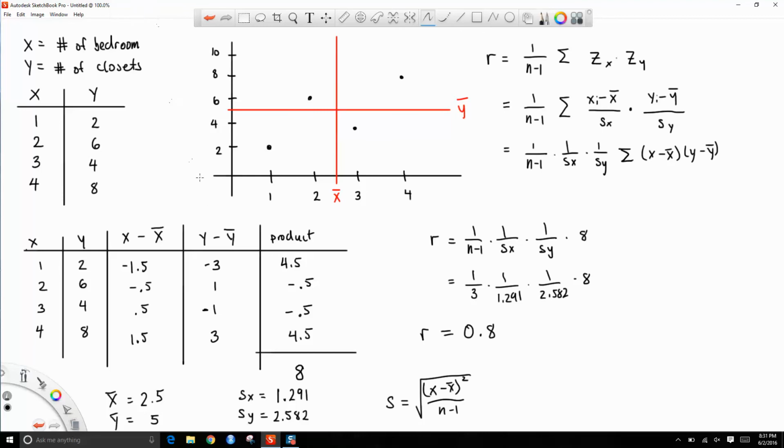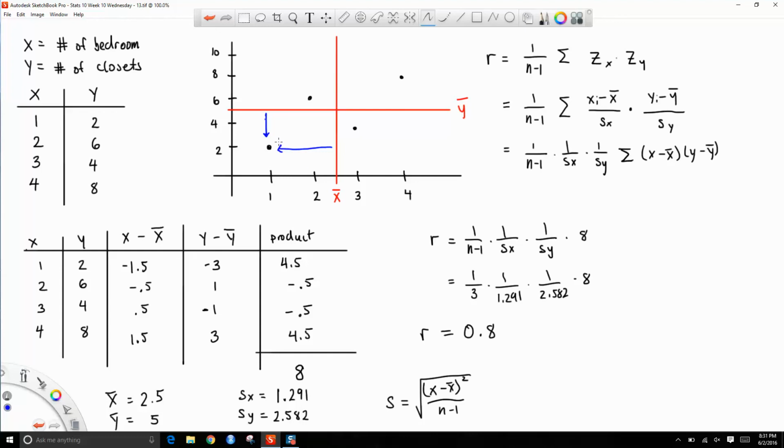I think the key part here is this x minus x bar and y minus y bar, the product here. What we see is that this data point is below x bar, and it's below y bar. In a positive relationship, we say small values of x go with small values of y, and large values of x go with large values of y.